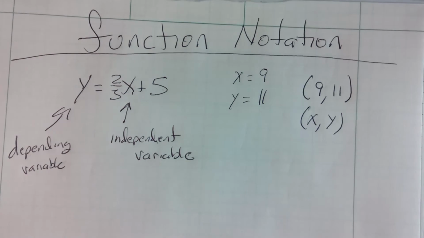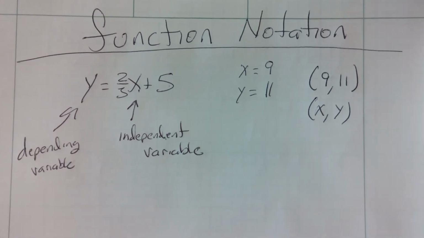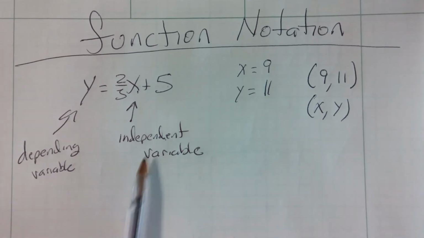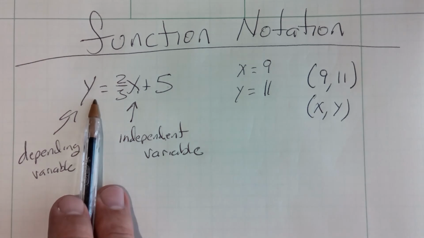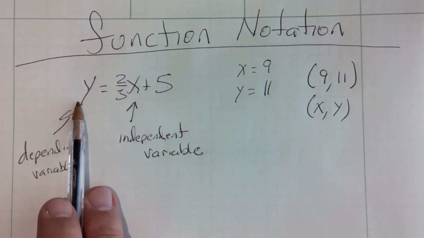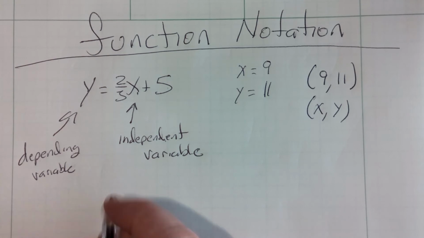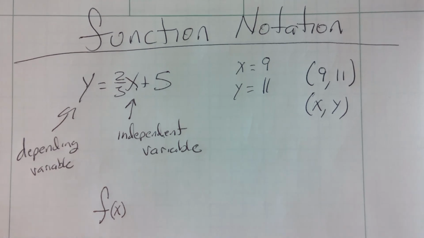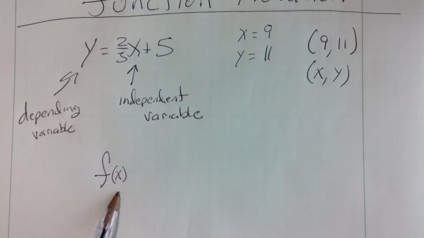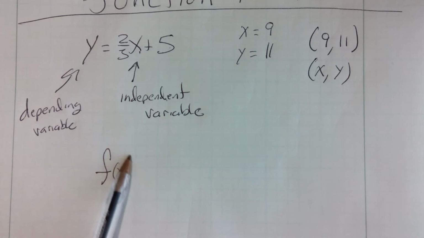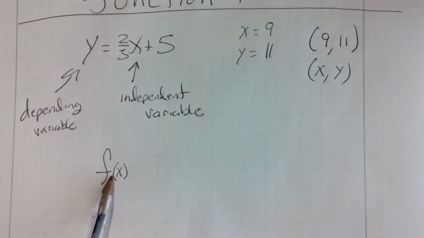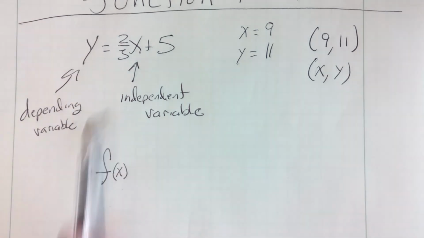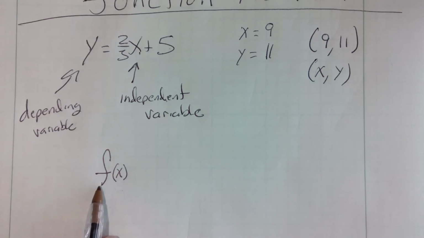As we move into higher mathematics, we want to be a little more exact or specific in the way we write these functions. So we replace the y with a symbol that represents a function, and in parentheses next to it, the variable that we consider to be the independent variable. This f of x is literally just the y symbol, written in a different form. And again, it doesn't have to be an f.